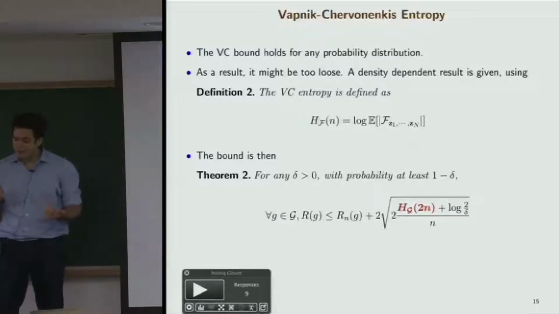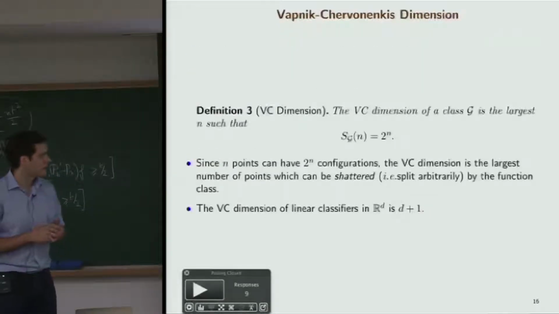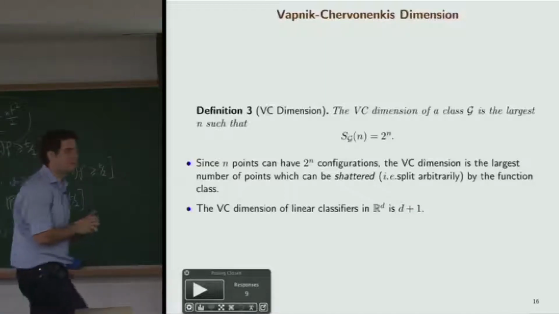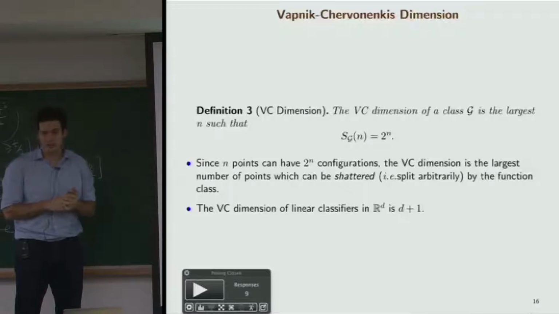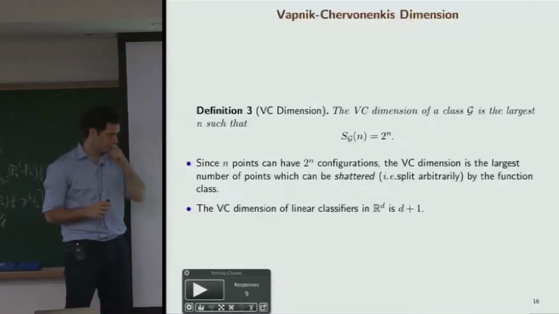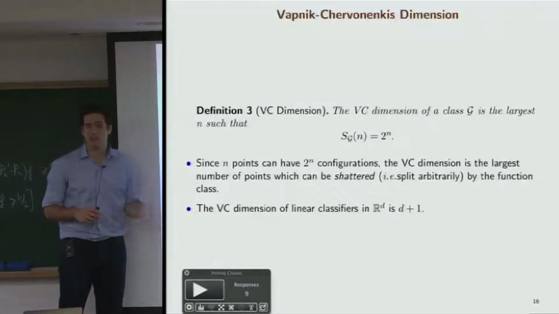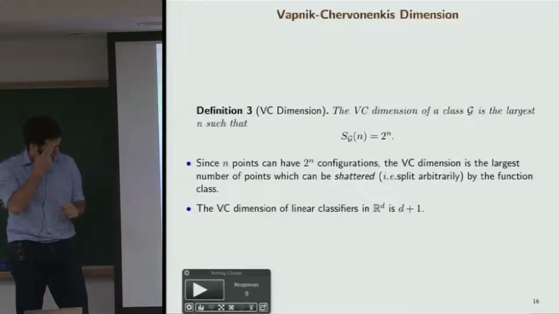So this is probably the biggest contribution, which is to introduce the VC dimension of a class of functions G. This is probably the most important definition in this later part of the course.